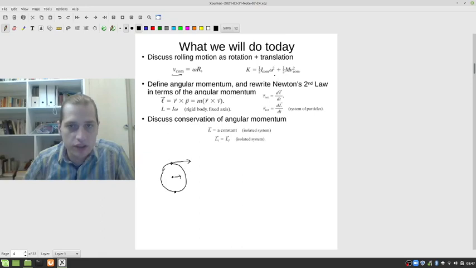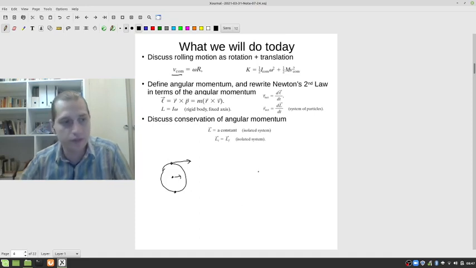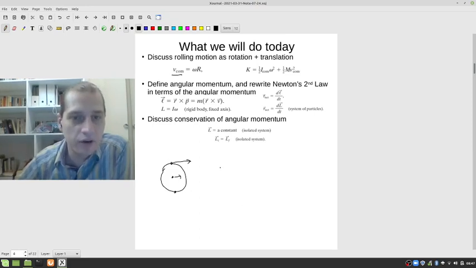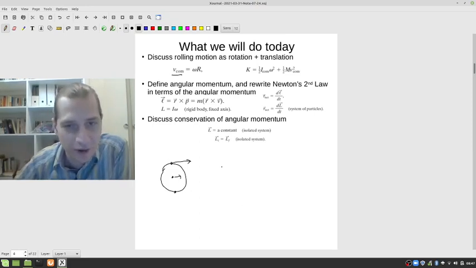And then we're going to talk about how to represent this motion as a sum. If you want to find out the kinetic energy of that rolling wheel, for instance, it would be the energy of the rolling plus the energy of the movement. Okay, so that's a clever way to do it. It might not be apparent right now that that is so clever.